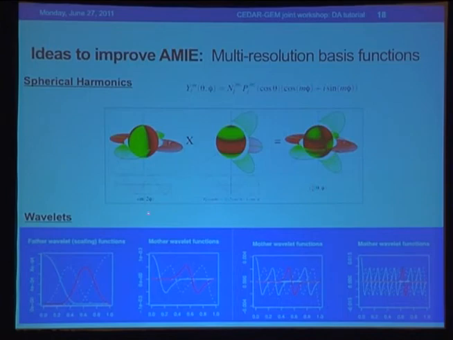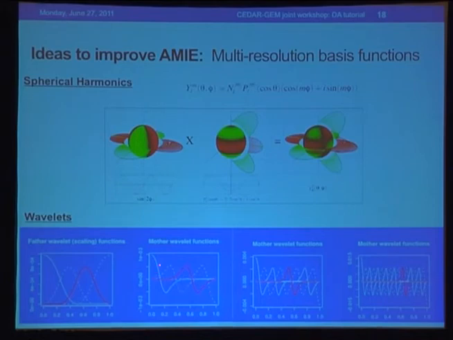The other idea we could use is compactly supported basis functions, for example wavelets. Wavelets are a collection of basis functions made up of scaling and translation. It's the same shape, shifted in the horizontal direction.